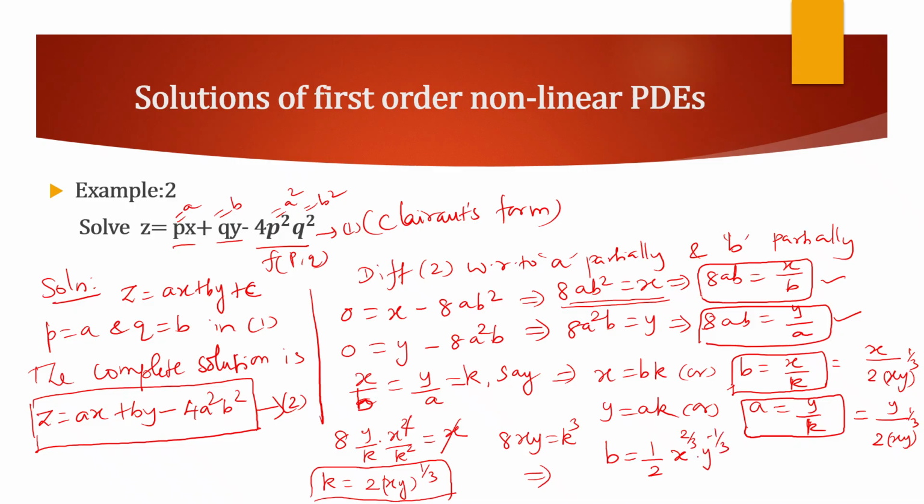And we get the substitution for a as 1 by 2, y power 2 by 3 and x power minus 1 by 3. So now we are going to replace these a and b in the complete solution, and we are going to eliminate these constants in that to get our singular solution.